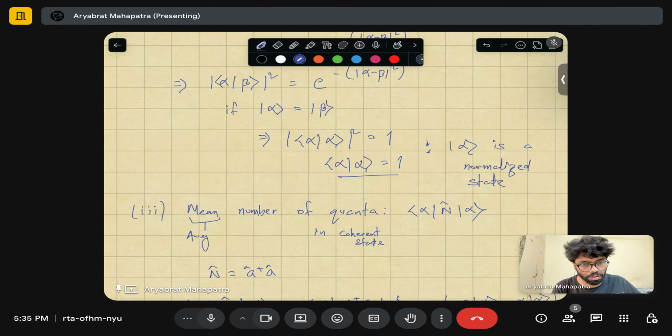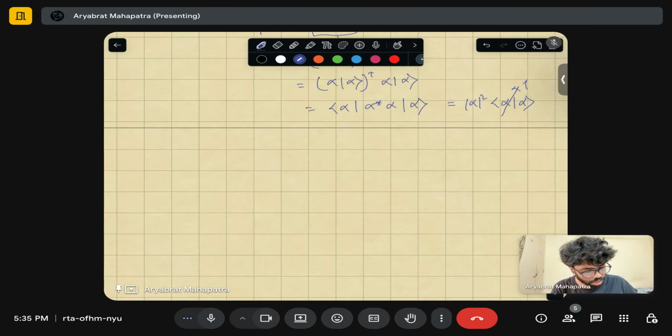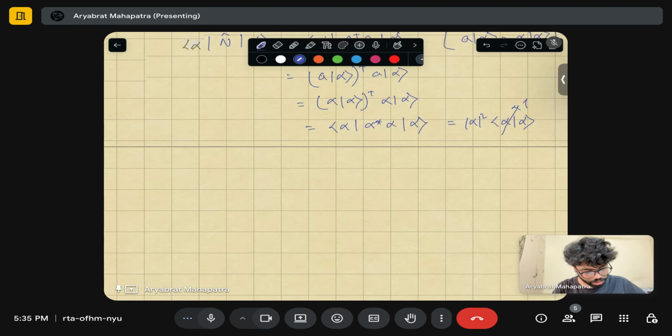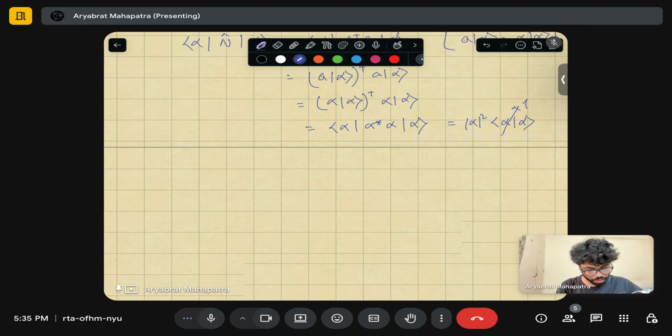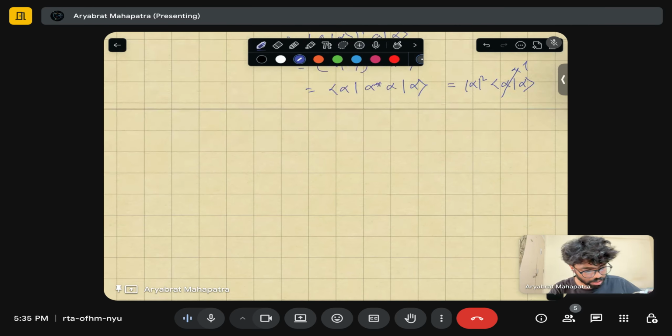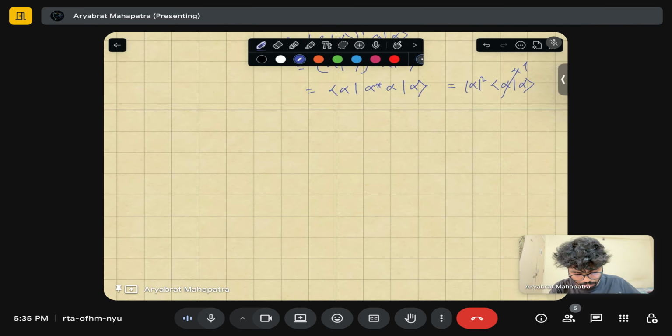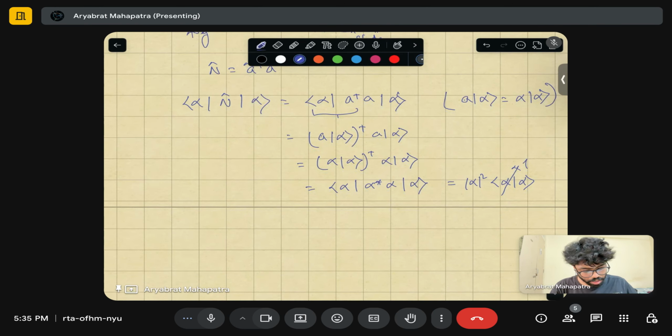That is, these are normalized states. So alpha alpha is 1, so this is mod alpha square. And so this is your mean number of quanta associated with your coherent state.